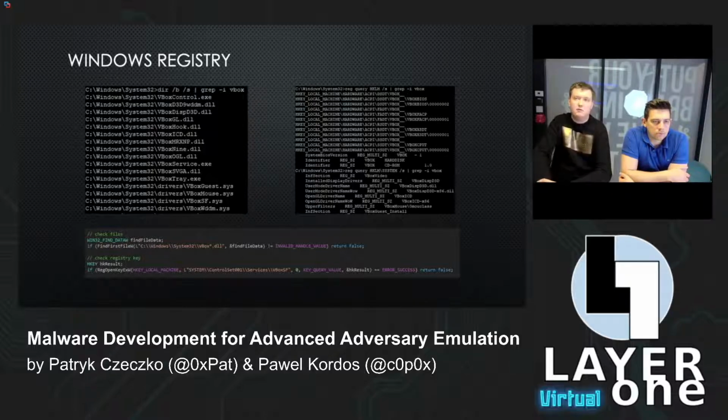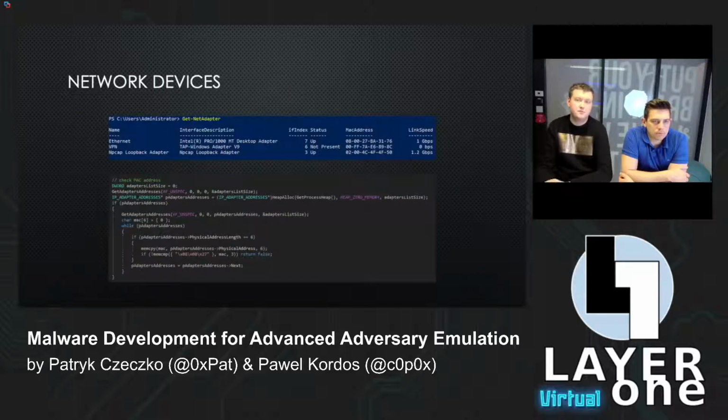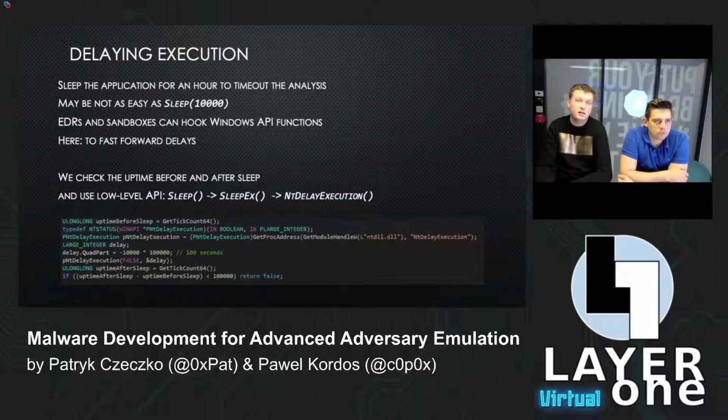If so, we will be able to detect that we are within a virtual machine, which probably is not our target, and then we can skip execution. And speaking of which, virtual network adapters have a MAC address which belongs to the vendor, like VMware or Oracle. You can check the MAC address of this network device and stop the execution if we have a match from a known list.